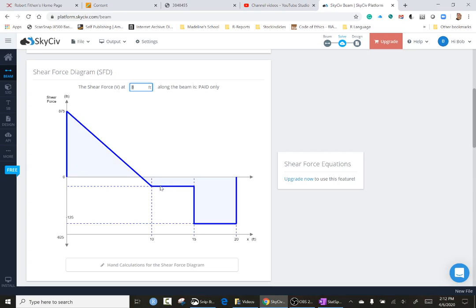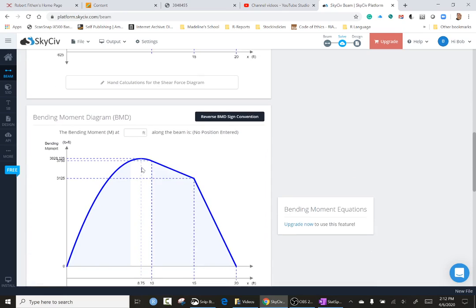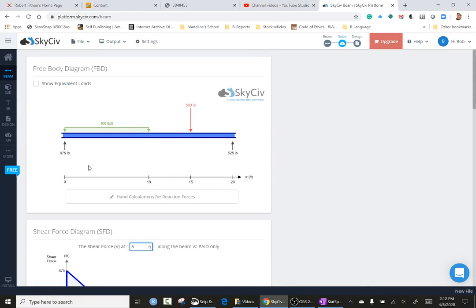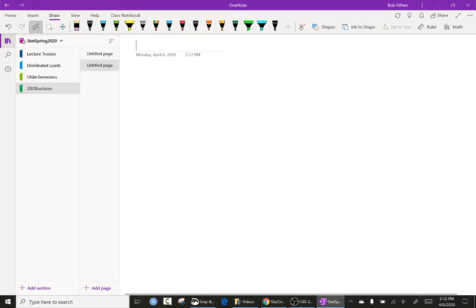You can see a shear force here at 11 feet, so you can get an idea of about what that is. Let's solve this problem. First of all, it gives you the endpoint reactions, the 875 and the 625. Let's go off and do this one so you can see how this is done.